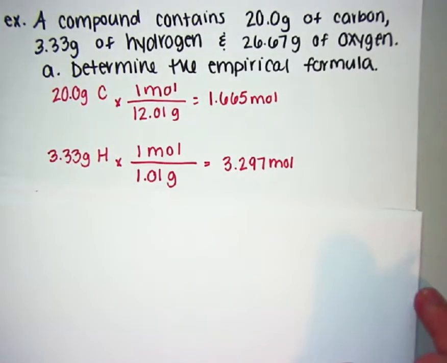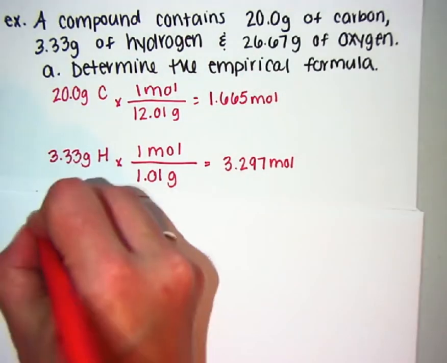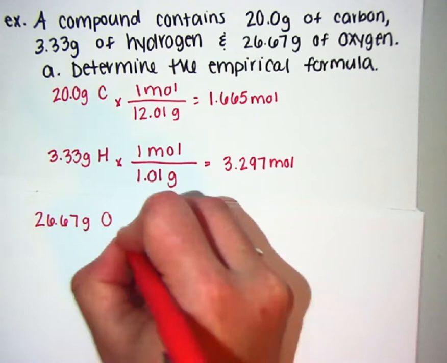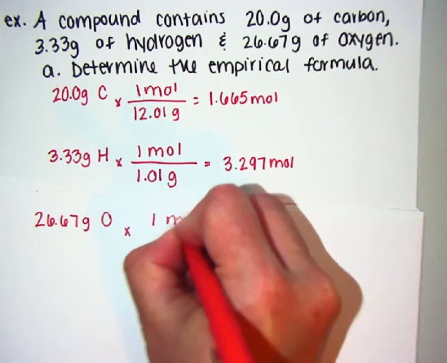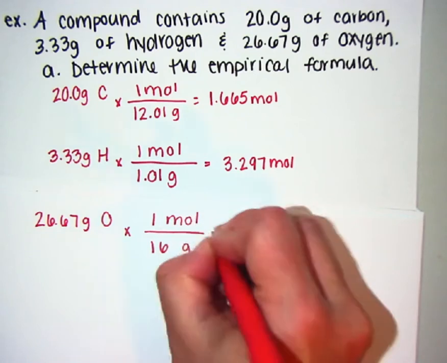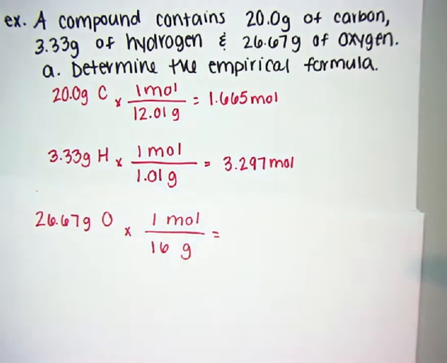And then lastly, we're given 26.67 grams of oxygen. Divided by its molar mass.